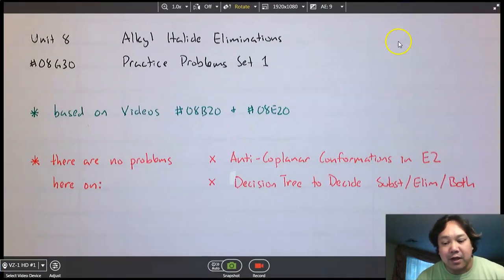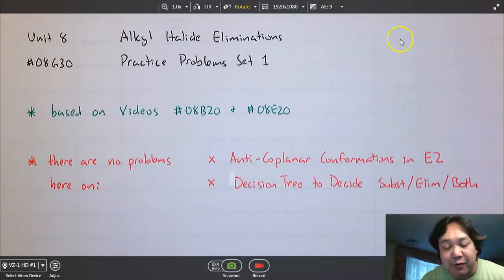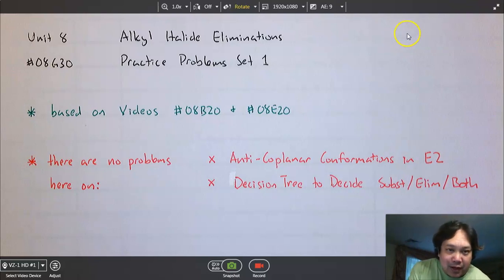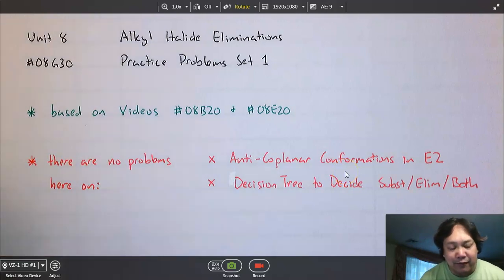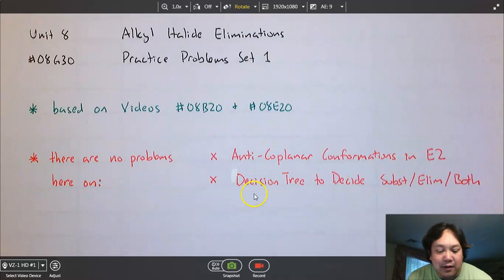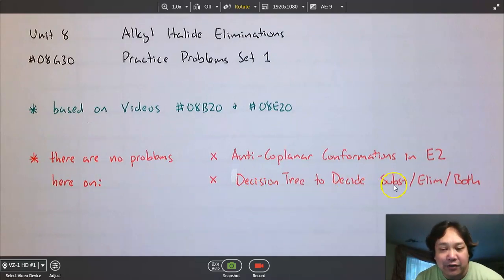Now, there's a couple of topics that some of you may be familiar with that we will not cover on this problem set, and that is this idea of anticoplanar conformations in E2. If that doesn't ring a bell, or if you're not familiar with that, don't worry about it. And also, we're not going to go over a decision tree to decide whether a reaction undergoes substitution, elimination, or possibly both.